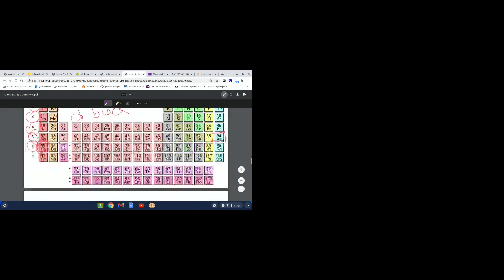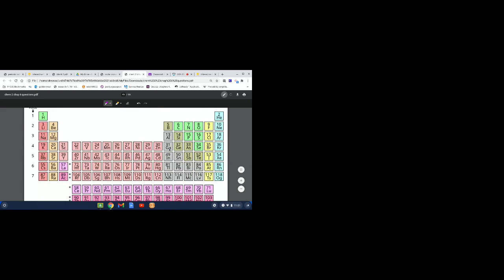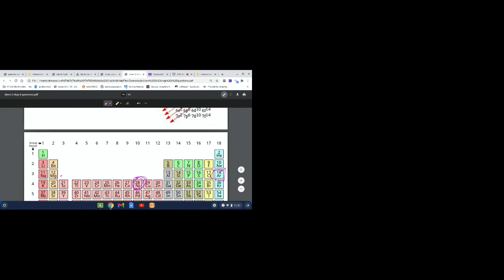Let's try another one. Part B is talking about nickel. Nickel is right here. It's number 28. The previous one is argon at number 18. So I could say everything is argon plus, remember these start at 3.